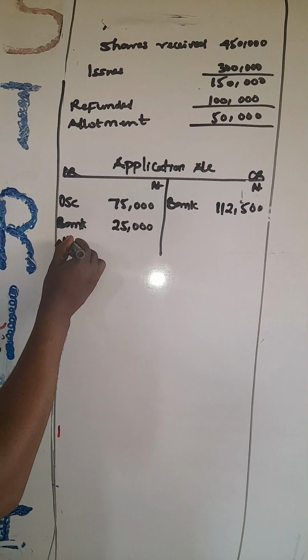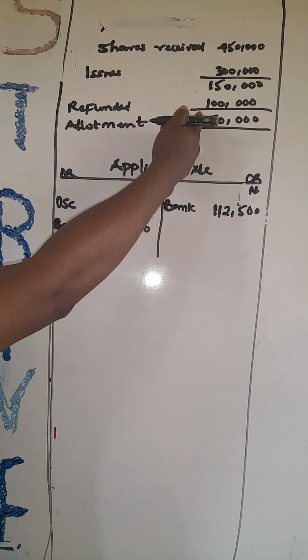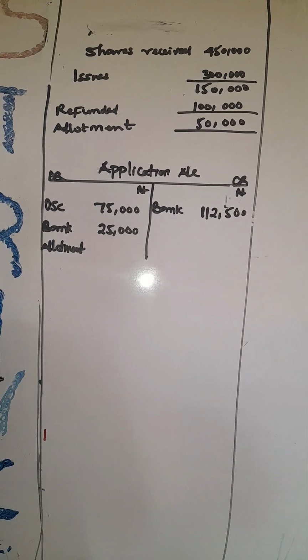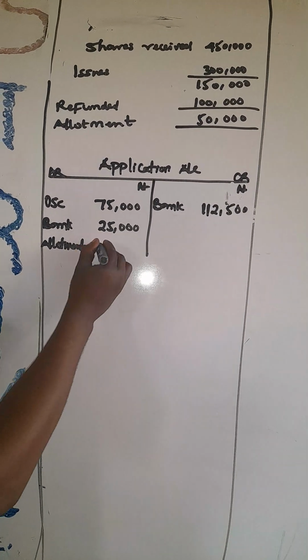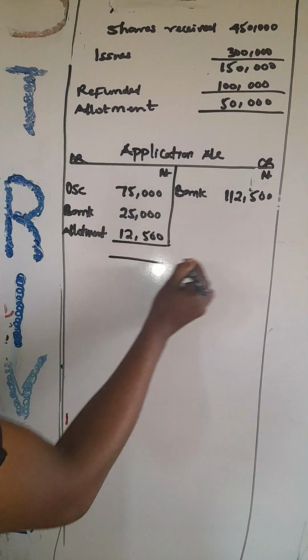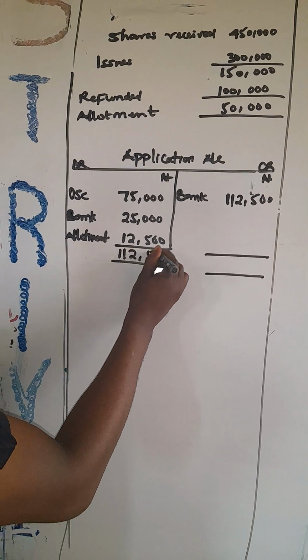Then allotment: the balance should be transferred to allotment. The balance is 50,000 shares times 25 kobo, which gives us 12,500. By the time you sum this together, that will give you 112,500.